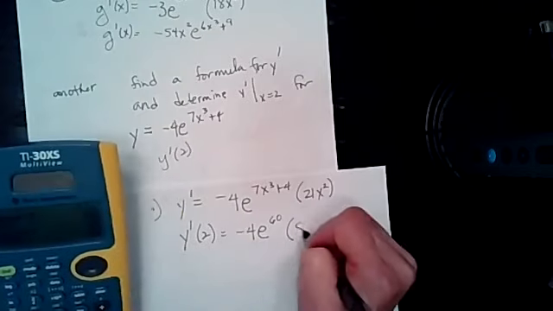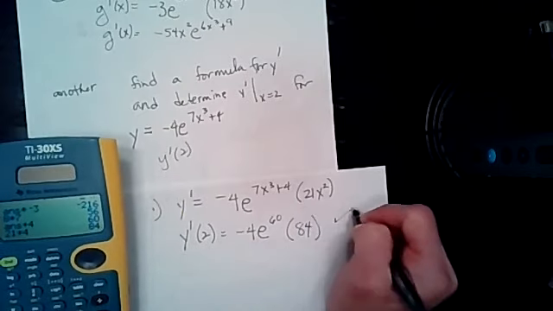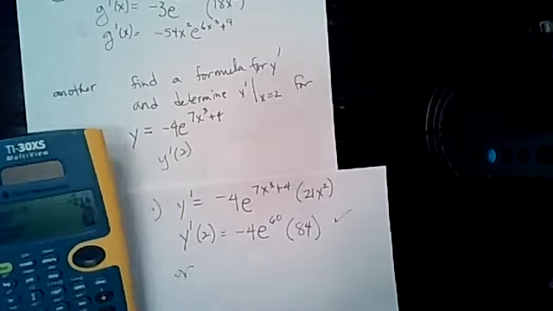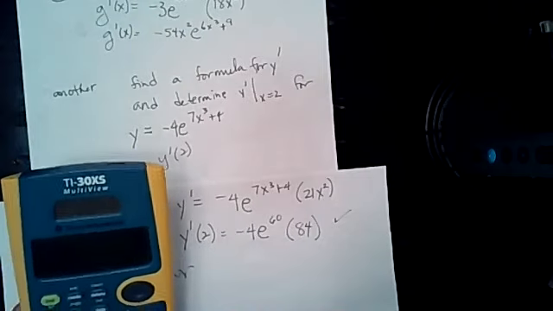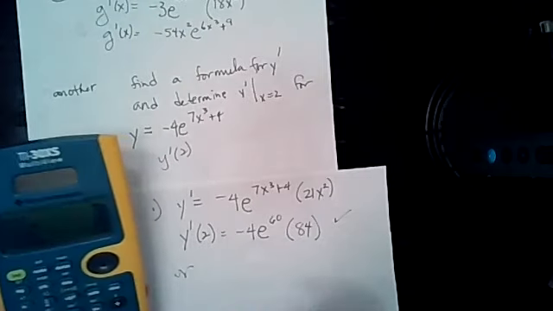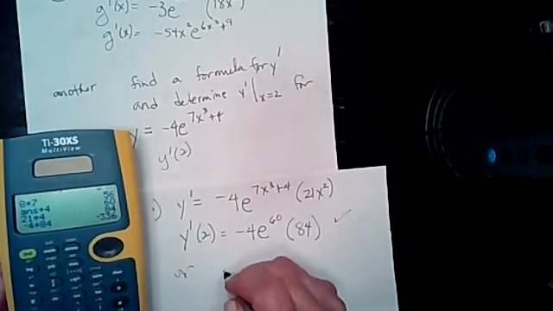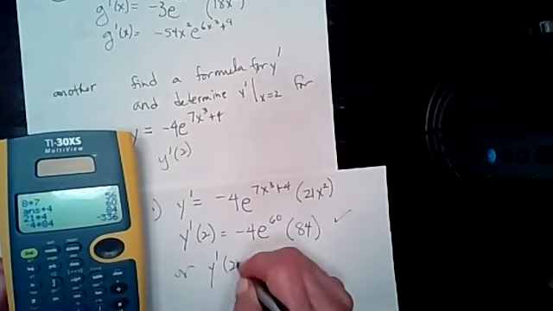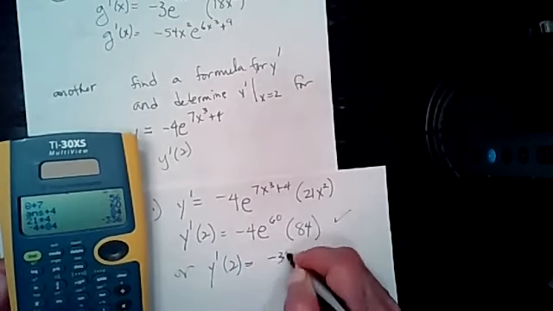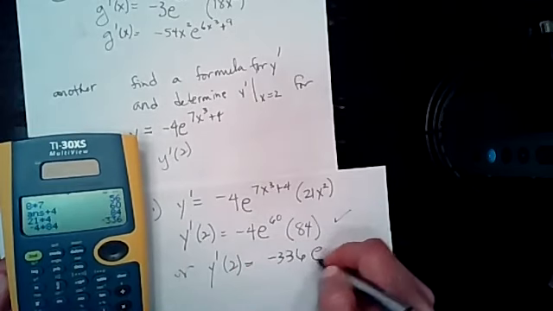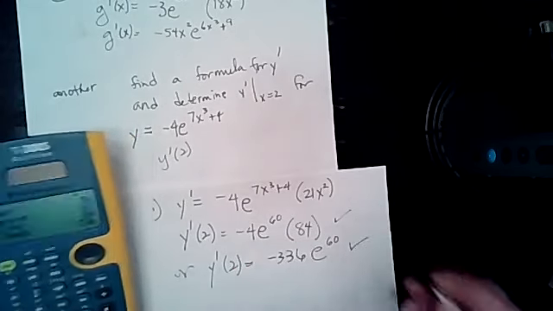So you could leave it like that. That's fine. Or if you wanted to multiply it out, negative 4 times 84 would give us negative 336 e to the 60. They're both exactly the same.